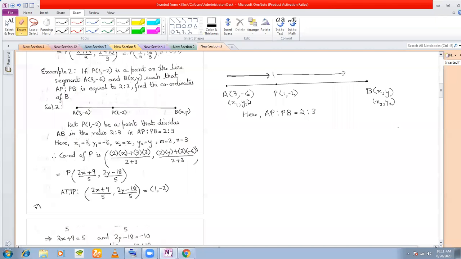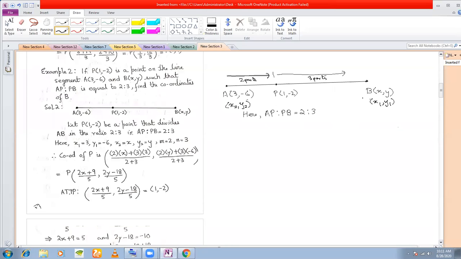Now, this is just for your clarification sake. Suppose I want to start from B. So I take B as my x1, y1 and A as my x2, y2. The ratio here is 2 is to 3, so 2 parts lie here and 3 parts lie here.